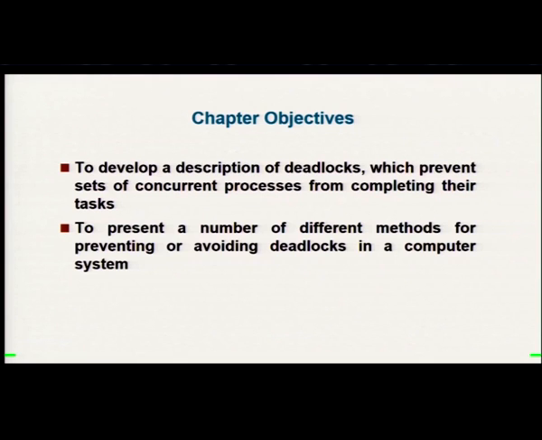Now, if we look at the way in which we are modeling the operating system managing the resources, we find that we need to have a description of deadlocks which prevent sets of concurrent processes from completing their tasks. As I said, the resources are available, but all resources necessary for any given process is not there.